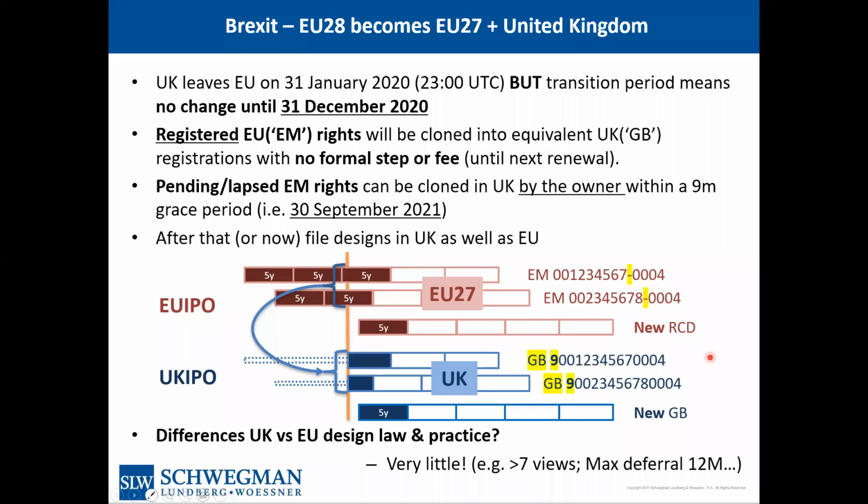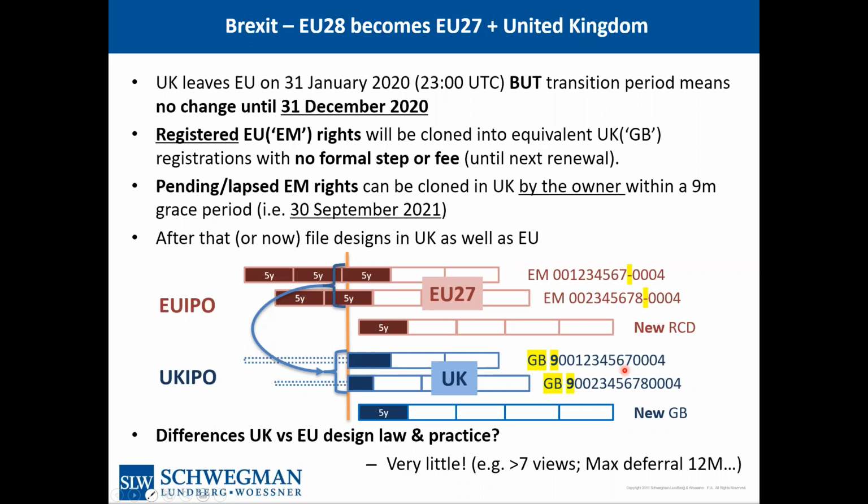And the translation into the UK register will be done by using the same application number, dropping the hyphen and sticking a 9 in front of it. So that will happen. Of course, that will happen automatically with no formal steps or fees as far as the government is concerned. And Schwegman and other firms will look at making arrangements to replicate records and so on, so that we, as applicants and attorneys, will need to make sure we create new case records for these British rights.